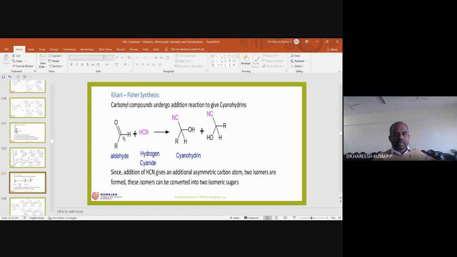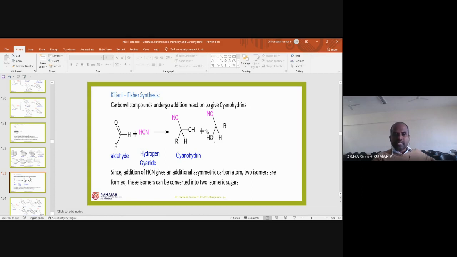Why? Because once the nucleophile CN minus attacks this center, it gives a racemic mixture. Racemic mixture means it's a mixture of enantiomers. So these two are the enantiomers, non-superimposable mirror images of each other.